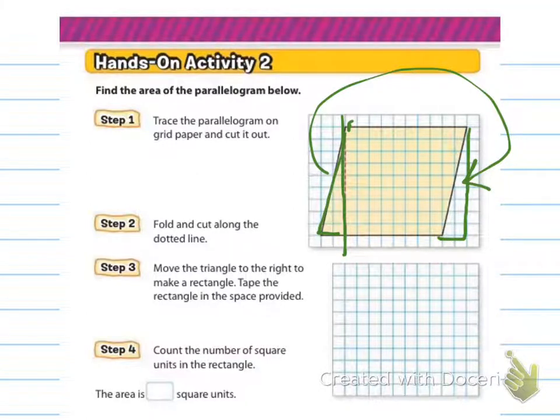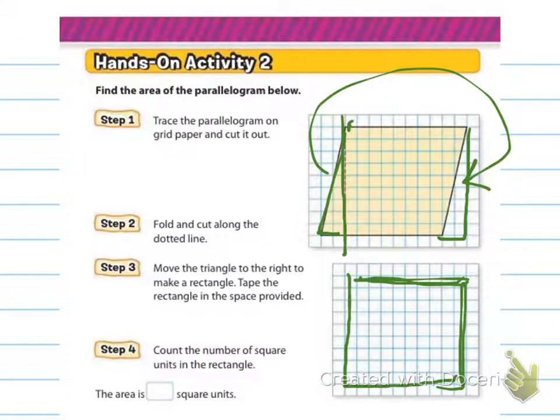So now we've got a shape that looks like, let's see if I can do this. Not great, but good enough. So now we have what looks like either a square or a rectangle. And they want us to count the number of square units of the rectangle.